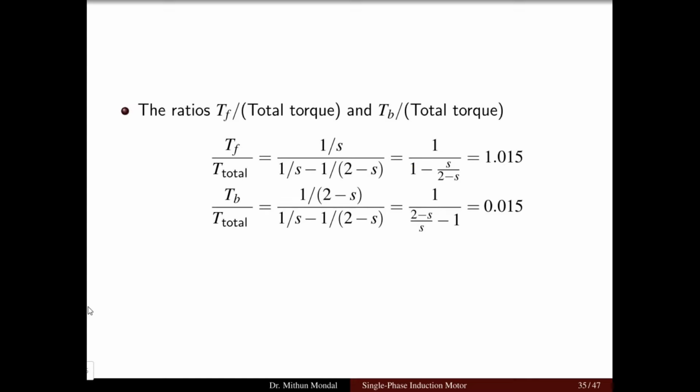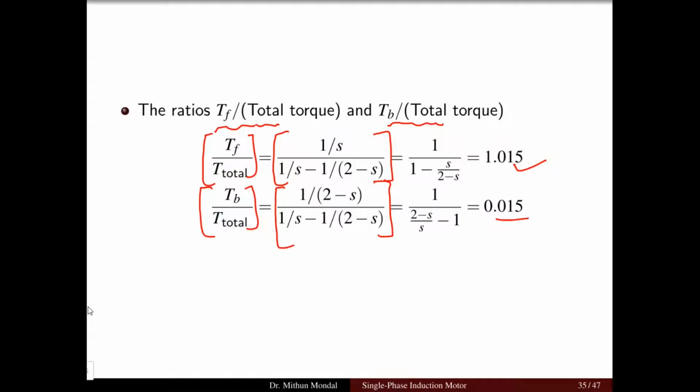Now the final part of the problem asks that we have to find the ratio of forward torque by total torque and the backward torque by total torque. So forward by total torque, we can get in terms of the slip equation, which gives 1.015. Backward torque by total torque, again we can obtain from the slip ratio, so that gives 0.015.